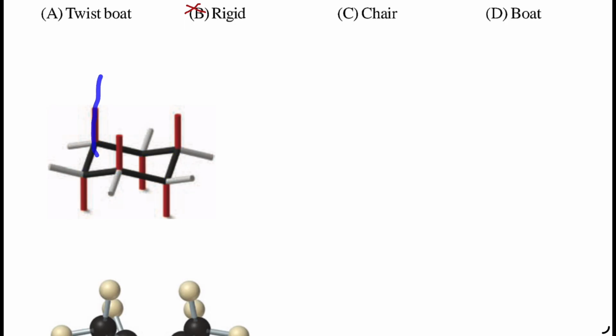If you cut the molecule like this, that is going into the plane, so that the plane is passed like this. Now what happened? That particular molecule is divided into two equal halves. So the chair form of cyclohexane has a plane of symmetry, therefore this particular conformation is achiral. This is optically inactive.